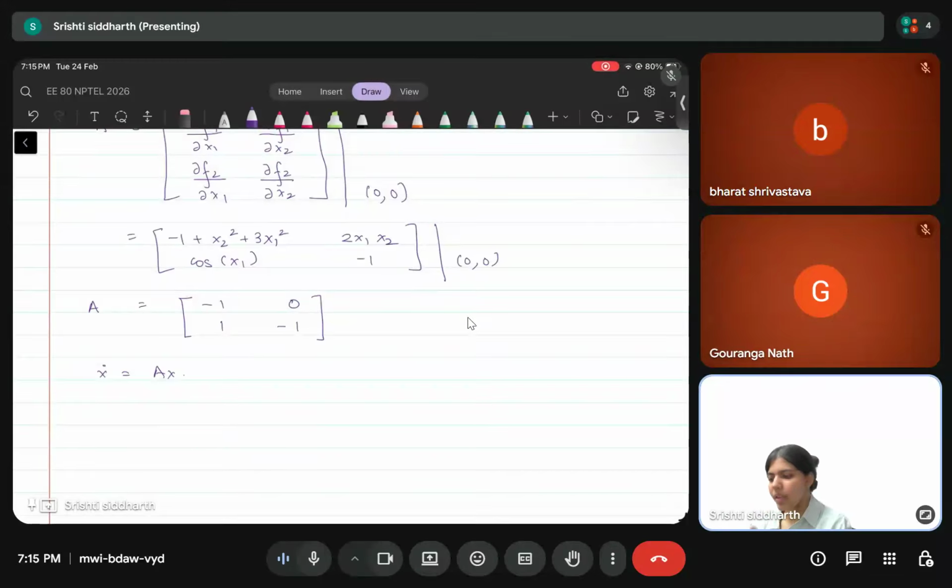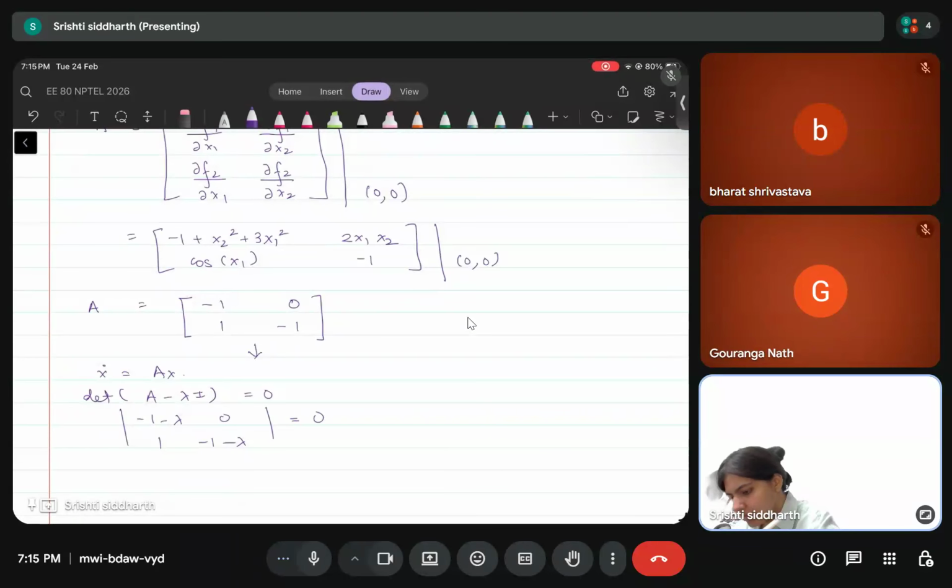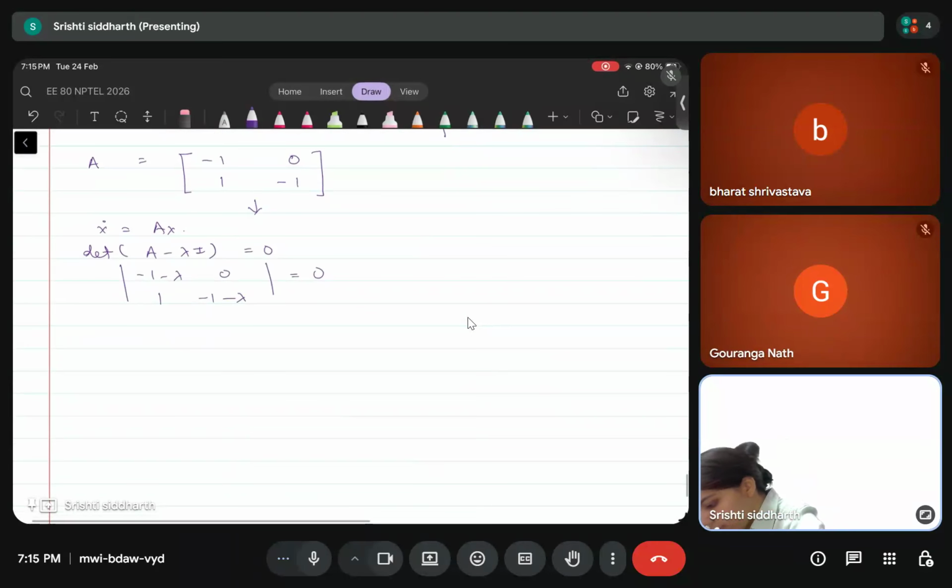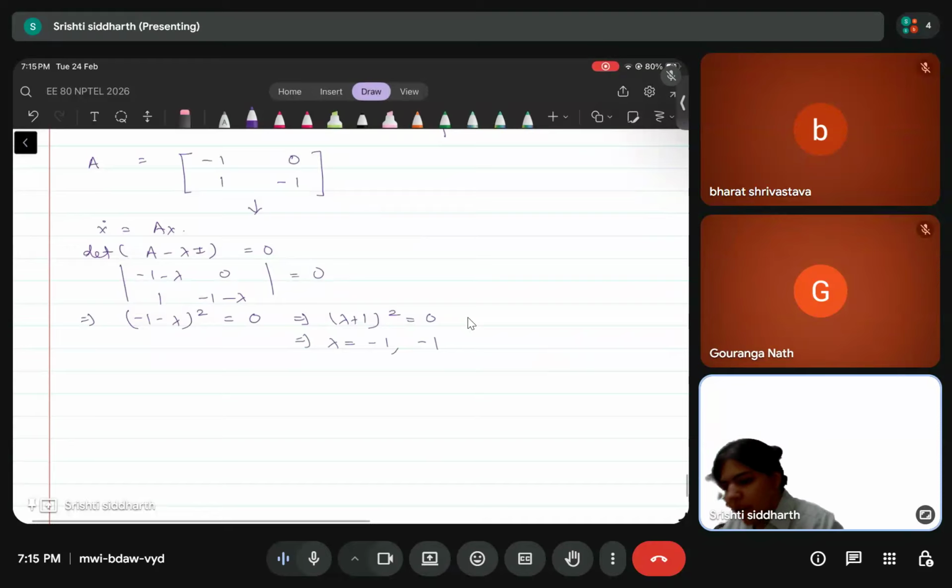To talk about stability, we need to talk about the eigenvalues of A. Right? So determinant of A minus lambda I. This is the characteristic equation. We get repeated eigenvalues at minus 1.